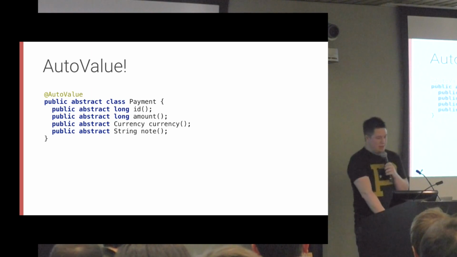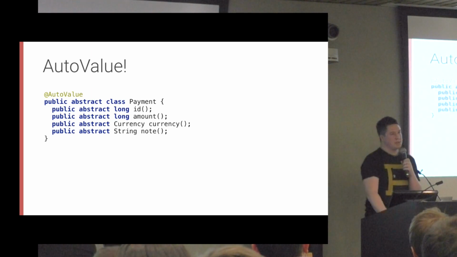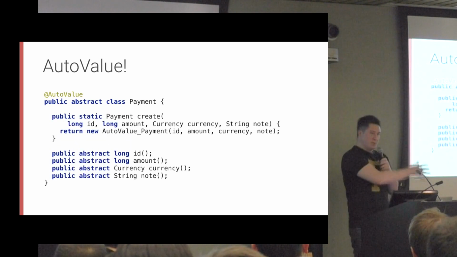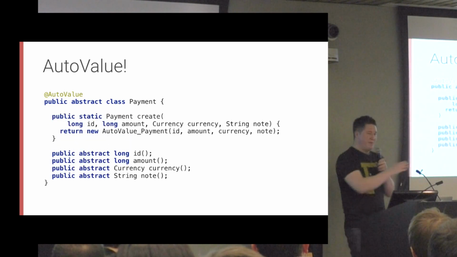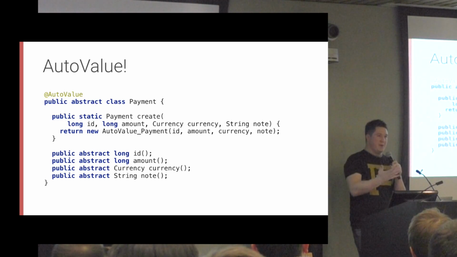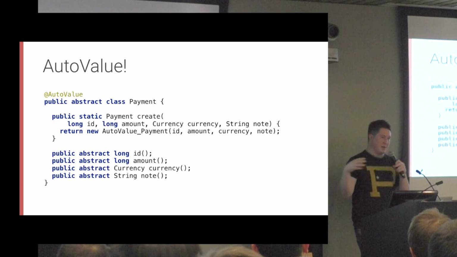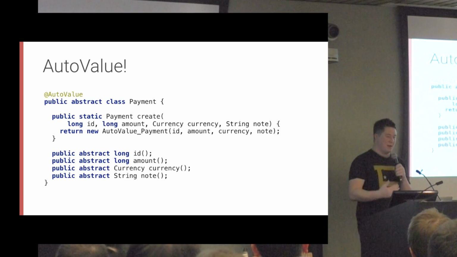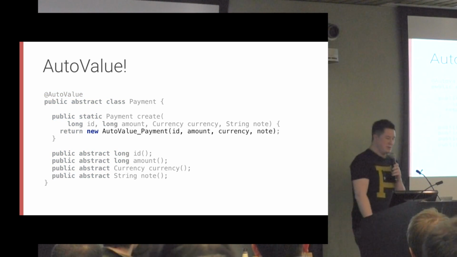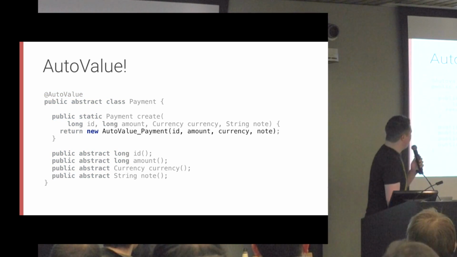And then because this is abstract, we need a way to construct it. And so this is our public API, so we're just going to put a static method on it, which is a factory. It's going to be a thing that takes in the raw primitives, which we want to encapsulate in our type. And you'll see that it's calling into this class, which I haven't shown.